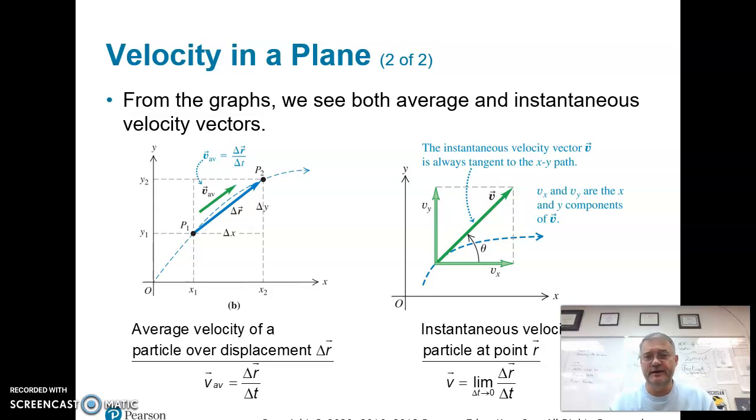On the right of the screen, we see that being represented. So this particular point here is the tangent of the slope of that line. And so at that point right there, we can determine that that is the velocity at that given instant, assuming that the increment, the interval, is so small, very small increment, that we can calculate it right there.